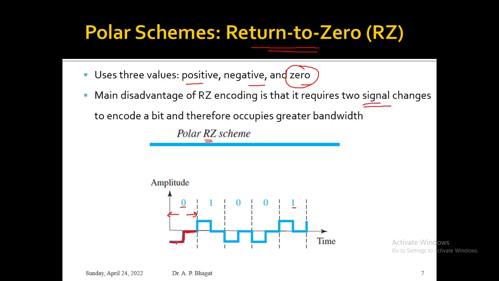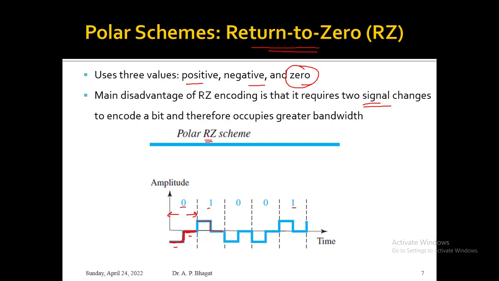Two signal changes are there, so it requires more bandwidth compared to NRZ-I, NRZ-L as well as unipolar NRZ. Again 1 is represented using positive voltage, and the signal returns to 0.